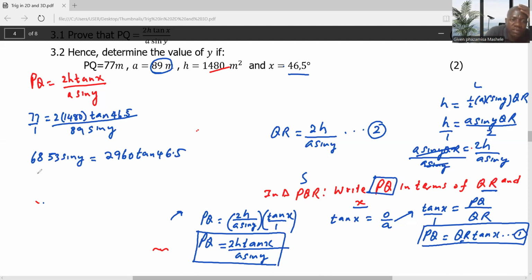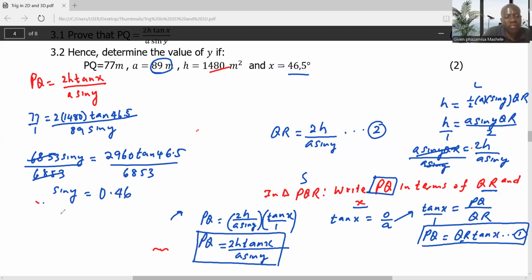Let's divide it by 6853, and this will give us sine of Y. So tan 46.5 divided by 6853 will give us 0.46.